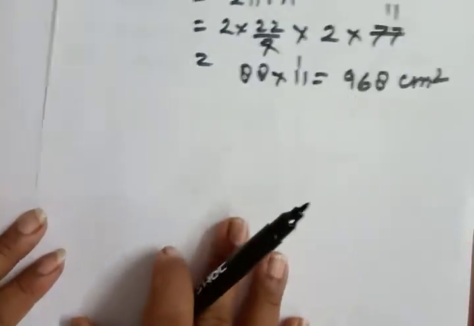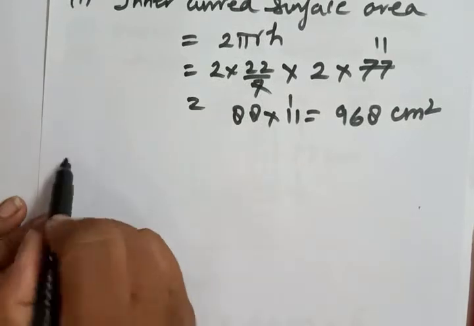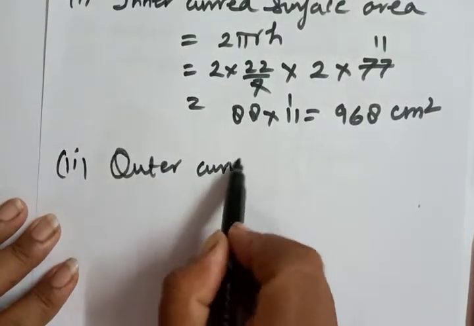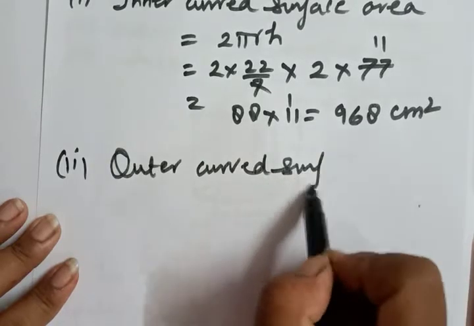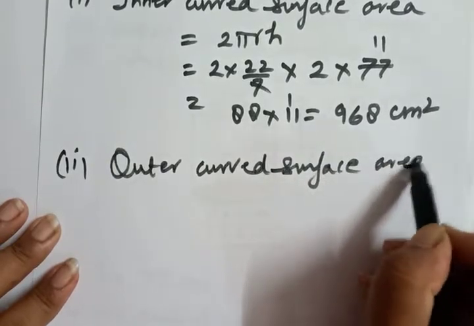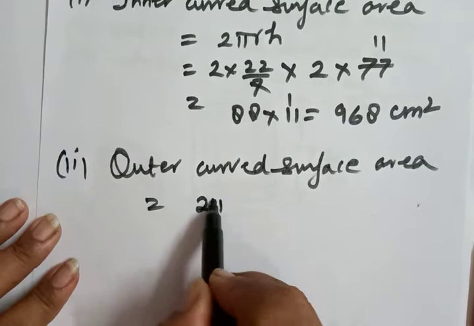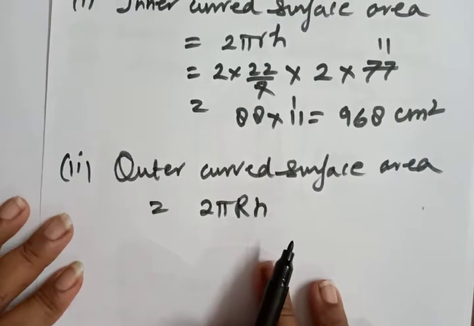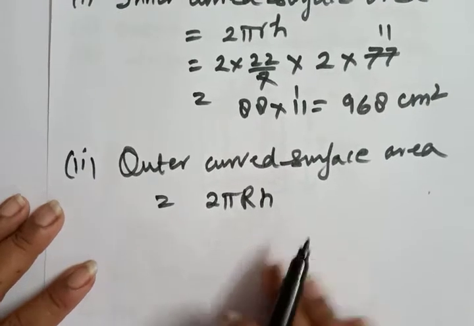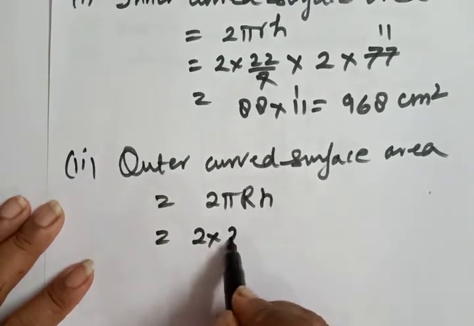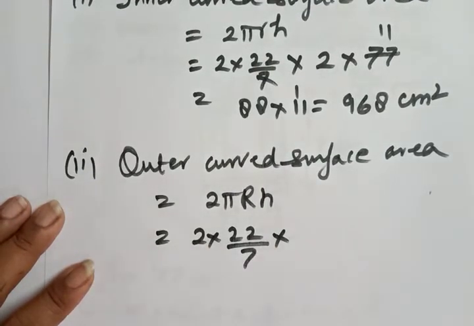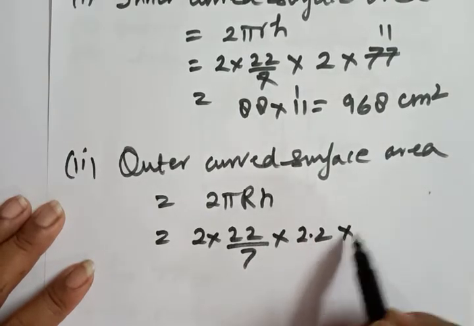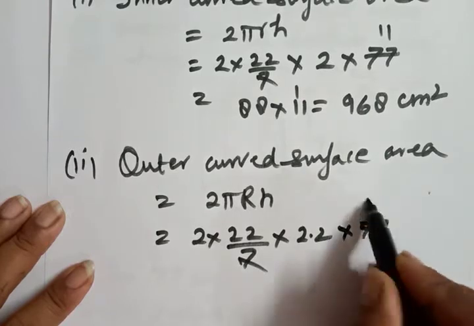So the outer curved surface area will be equal to 2 pi R h. h will remain the same, so I have written it with the small h only. So 2 into 22 upon 7 into the capital R, which is 2.2, and h is 77, so 11.